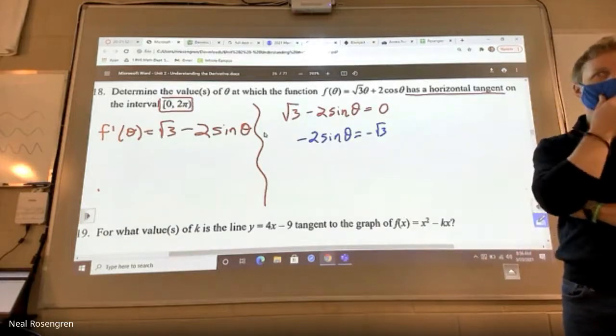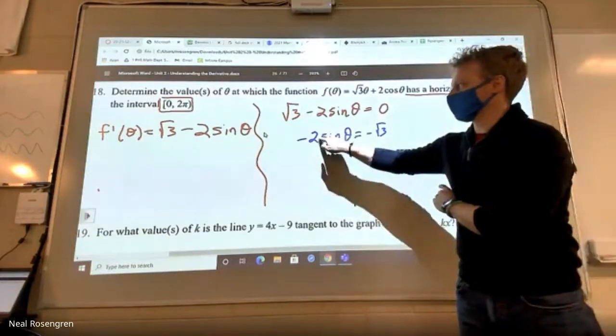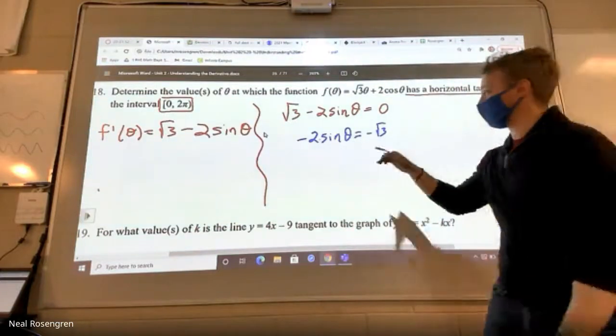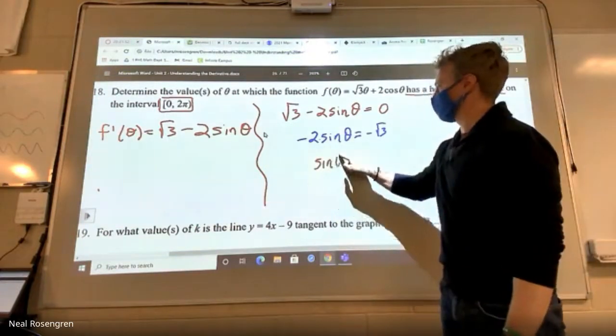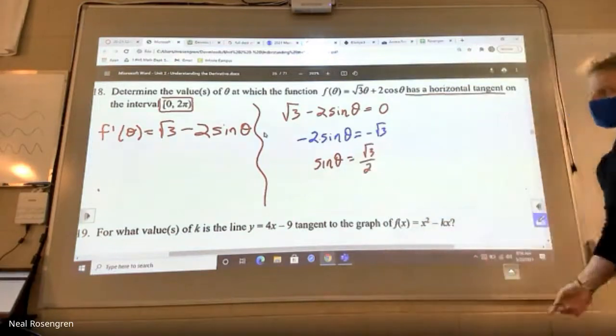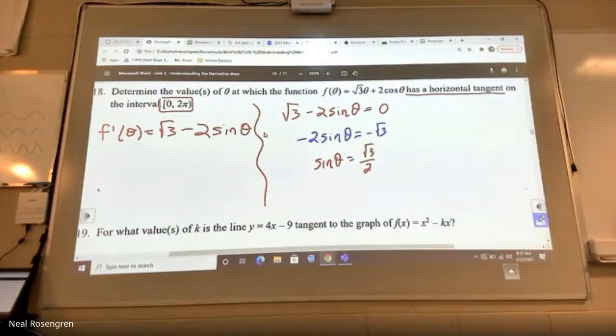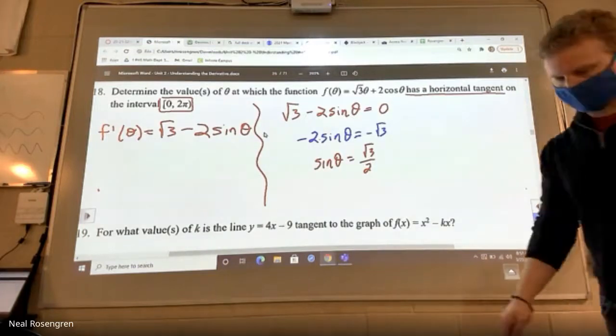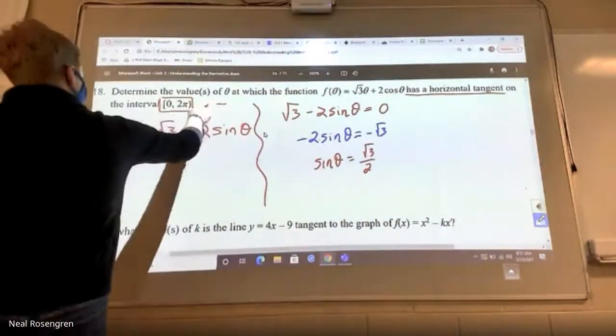Yeah, this is just a constant being multiplied through. Let's divide that away. So divide both sides by negative 2. So we get root 3 over 2 because negative divided by negative. And what we're looking for are answers in there.